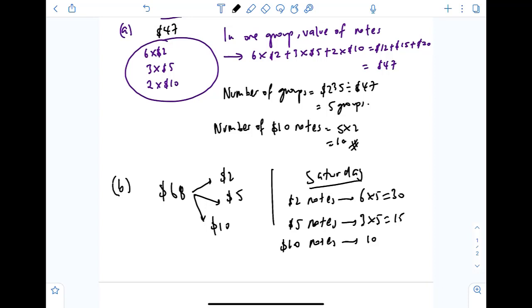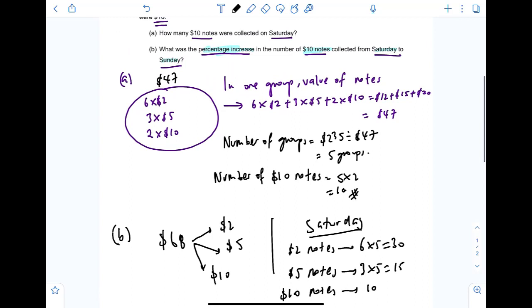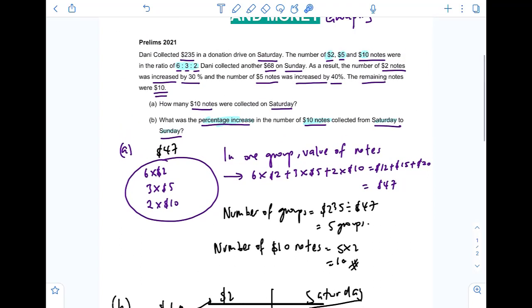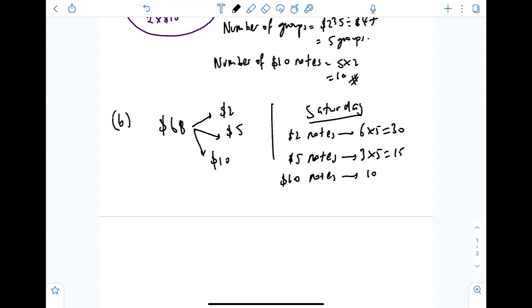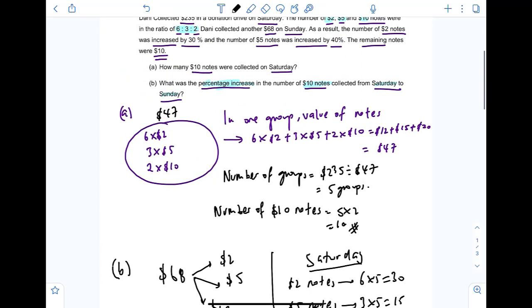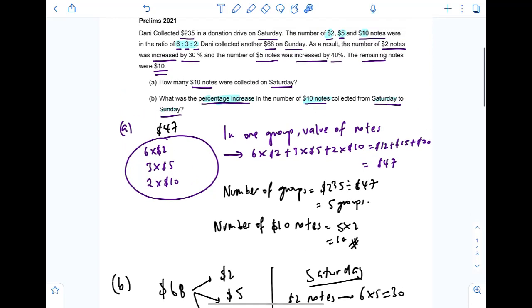Now what happened is there was an increase. For the $2 notes, increase by 30%. $5 notes increase by 40%. Which means we can find out on Sunday what is the number of $2 notes collected. Again, $2 notes increased by 30%.